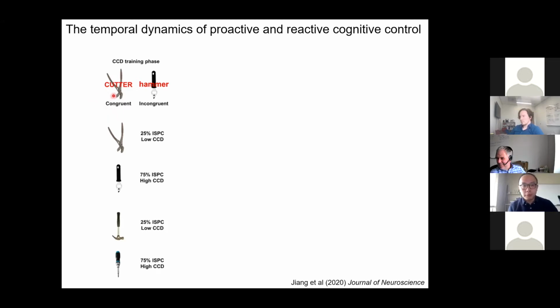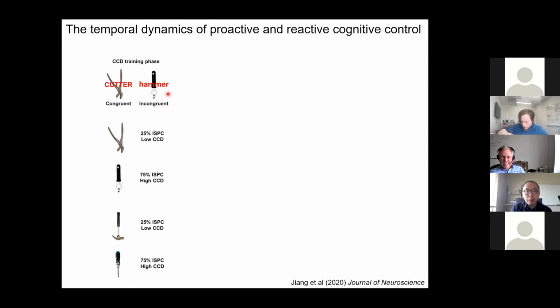If the word and the image lead to the same response, it's a congruent trial. If they lead to different responses, this is an incongruent trial. In an incongruent trial, higher cognitive control is needed in order to suppress the processing of the word and to enhance the processing of the tool image in order to produce the correct response.